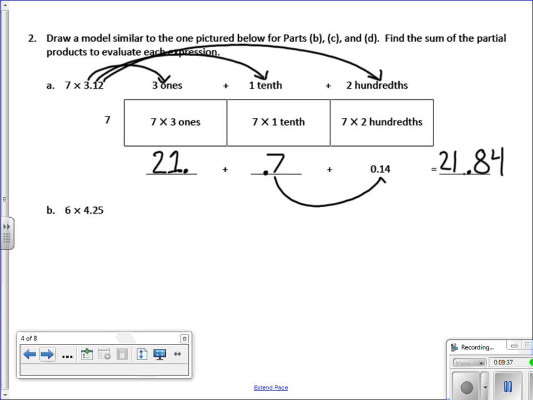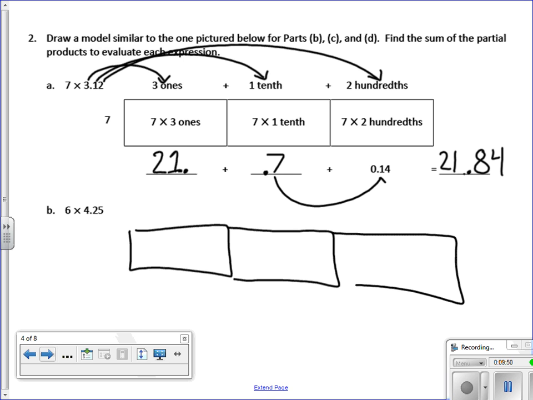We have 6 times 4 and 25 hundredths. So we are going to make 3 boxes. 1, 2, 3. Out in front of the distributive property we're going to use right now, we're going to put a 6. First one is the 4, which is in the ones place.